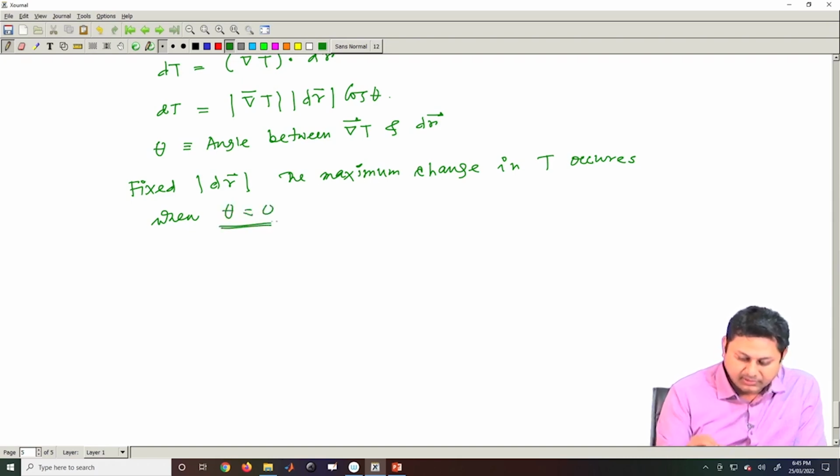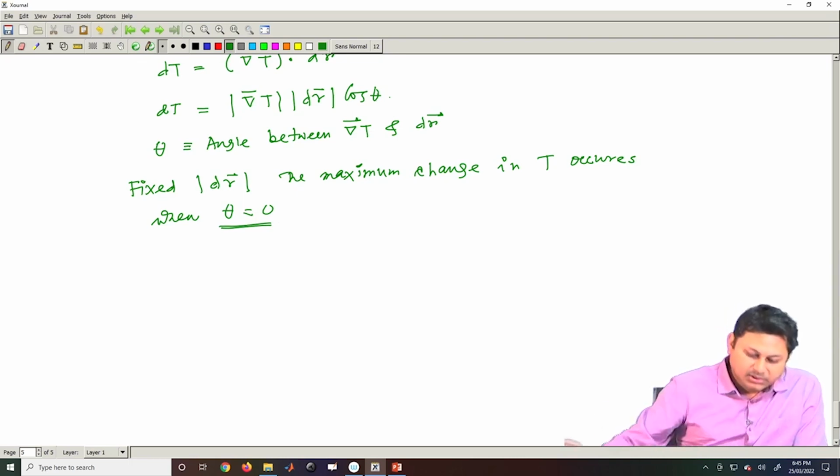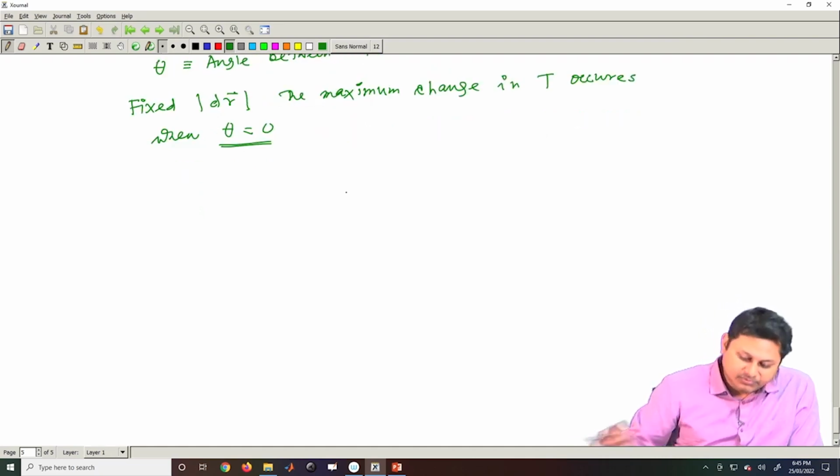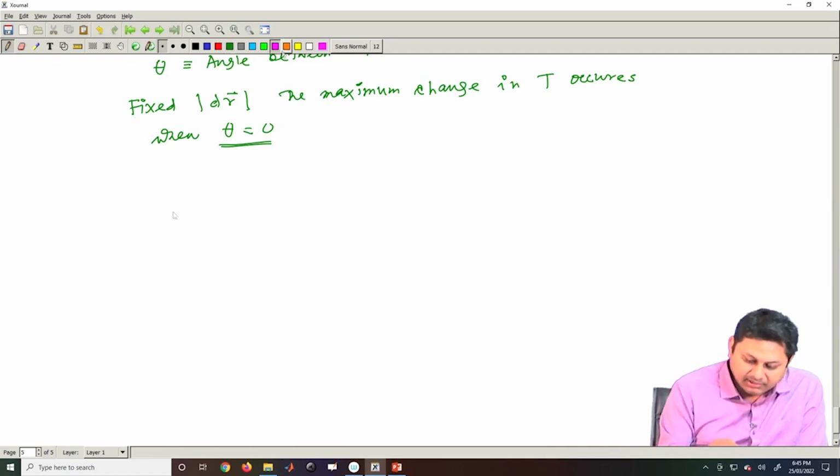That means for theta equal to 0, cos theta will be 1, and then I am going to get dT maximum. So, try to understand this.